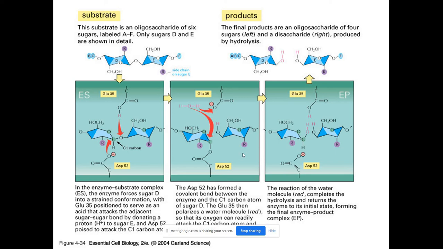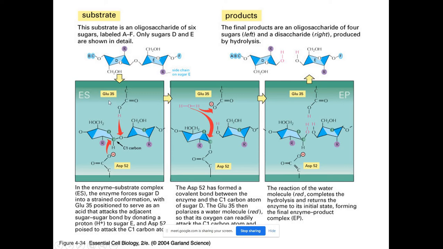Now in the next figure you can see there is some change after bond formation. The aspartic acid 52 has formed a covalent bond between the enzyme and the C1 carbon atom of sugar D. So this is another amino acid.